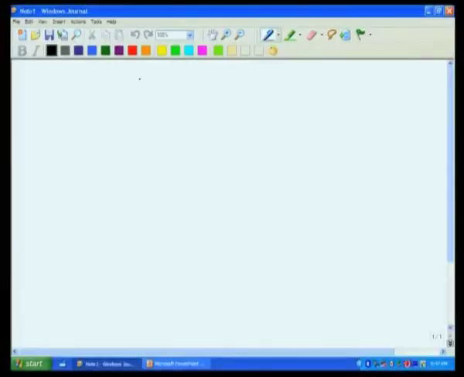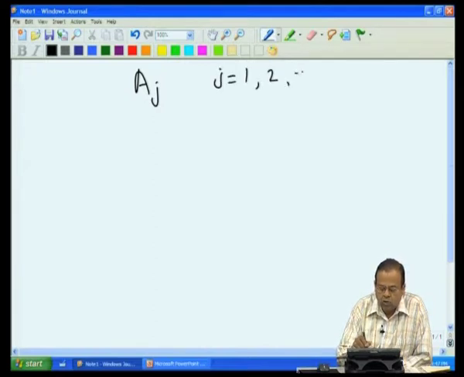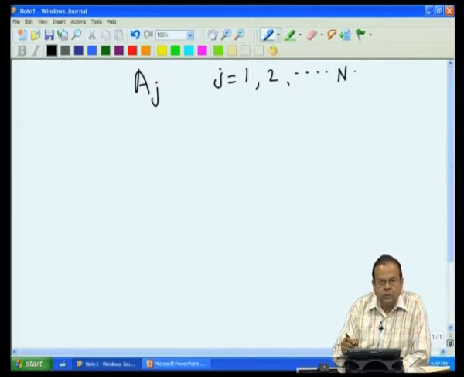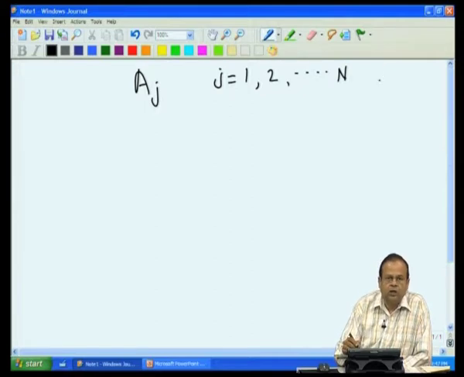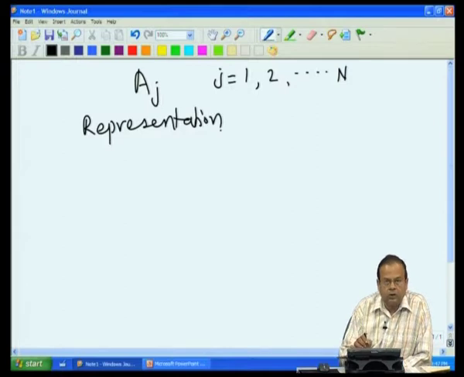Leaving the specifics of the reaction aside for the time being, we said that we have a large number of species, let us say A_j, where j can go from 1, 2 up to some number n. So, we essentially have chemical reactions within these species, and we talked about how we represent this reaction. That was our starting point, that is, representation of chemical reaction.